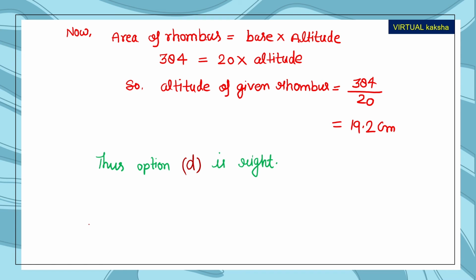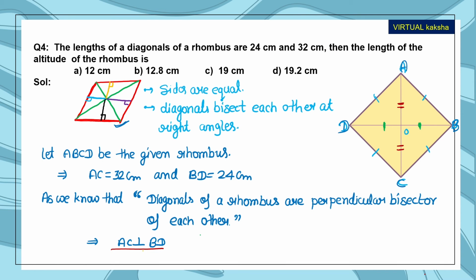We have found 384 is the area of the rhombus, the base equals the side of the rhombus, and the altitude we have to find. So the altitude of the given rhombus will be 384 divided by 20, which reduces to 19.2 centimeter. So option D is right. 19.2 centimeter will be the length of the altitude of the rhombus.